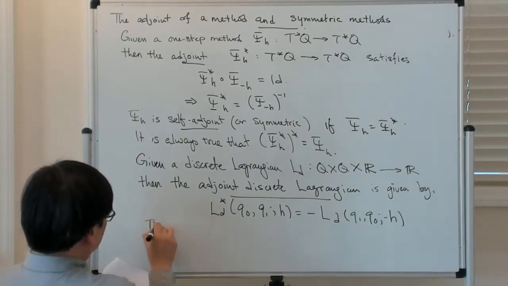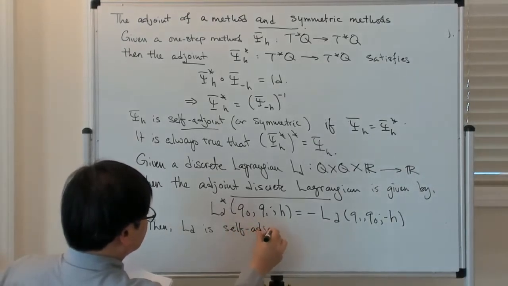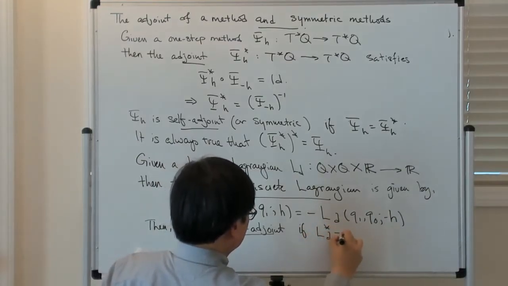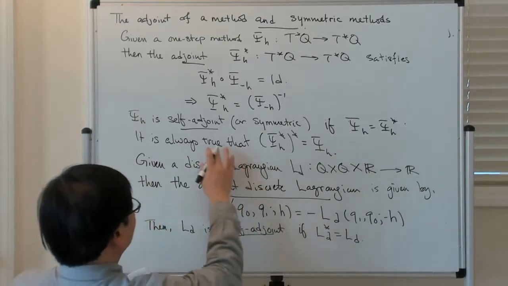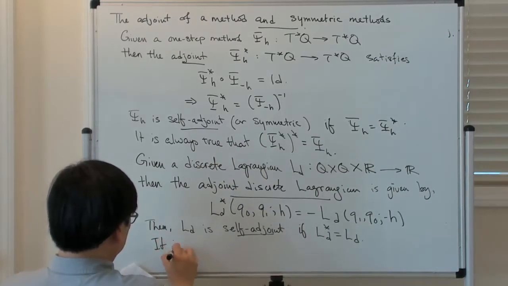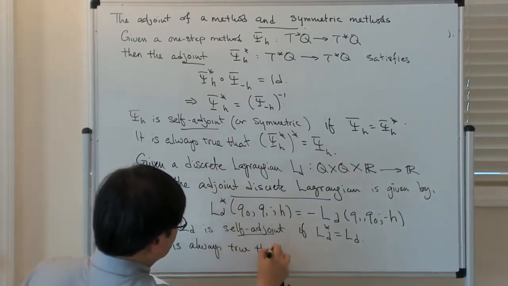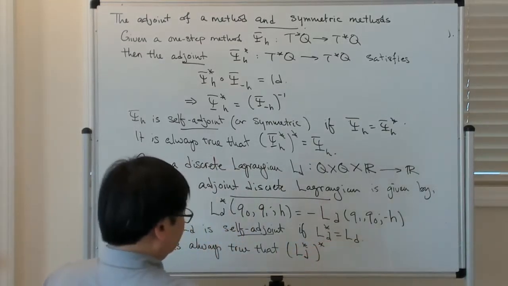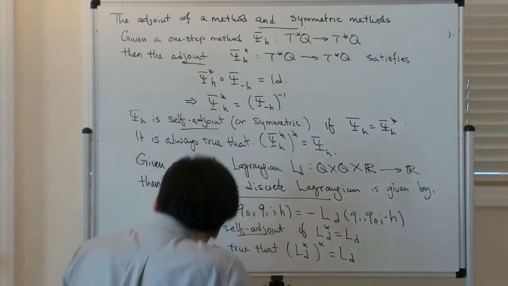So LD is self-adjoint if LD star equals LD. And as you might expect, from the statement that the adjoint of the adjoint is always the original thing, it is always true that the adjoint of the adjoint discrete Lagrangian is the original discrete Lagrangian.